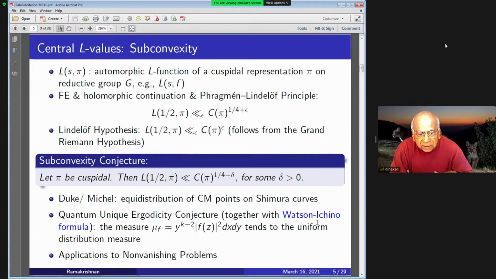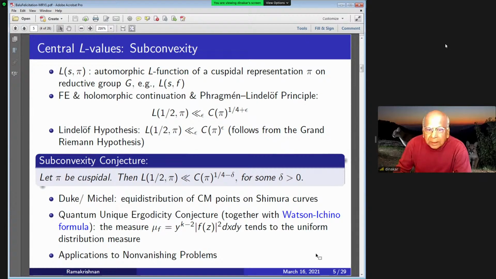And of course, it has a lot of applications, like the work of Duke and then Philippe Michel on the equidistribution of CM points on Shimura curves, and then also for QUE, and then together with the Waldspurger formula tells you the measure tends to the uniform distribution measure, and then another application is sometimes to non-vanishing problems. But I should say that subconvexity by itself doesn't always imply non-vanishing, because to prove non-vanishing, you need some lower bounds.